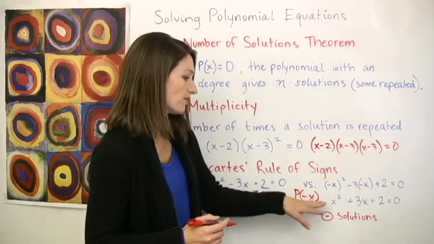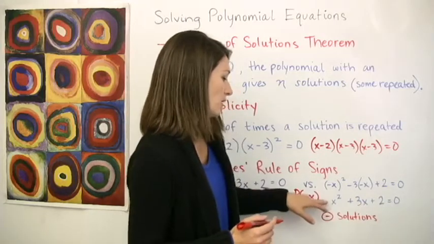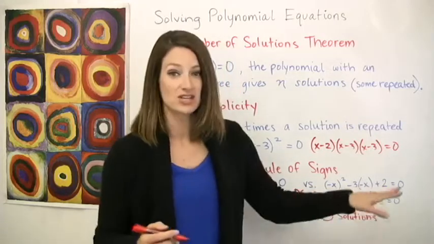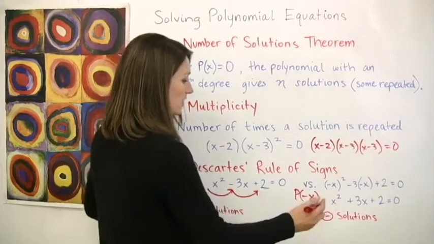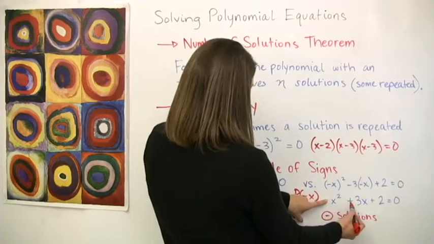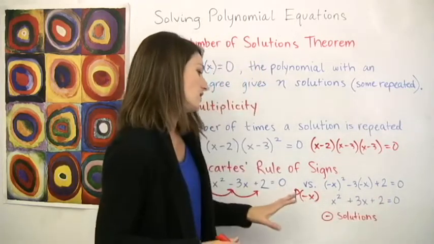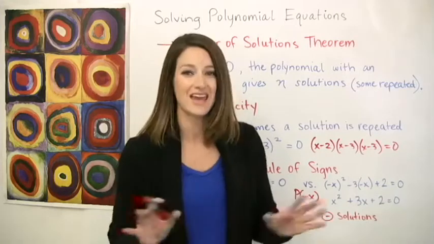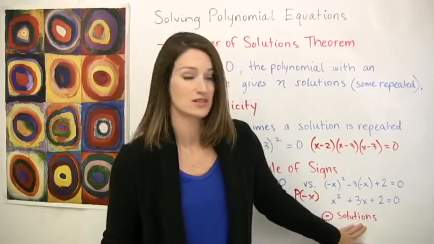When you simplify that, we get x squared plus 3x plus 2, and we need to now look at the variations of signs here to determine our negative solutions. So if we look, we go from positive to positive, so that's not a change, and then to positive again, so that doesn't change either. So in this function here, we don't have any variations in signs, and so we won't have any negative solutions to this equation.